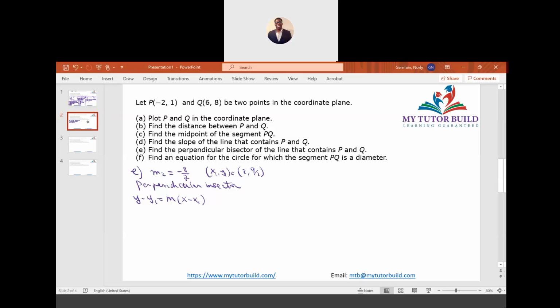The equation of the line is that one because we already know x1 and y1. So y1 is 9 over 2. The new slope we have is -8 over 7. X minus x1, where x1 is 2. Now, y minus 9 over 2 equals -8 over 7 times x minus 2.